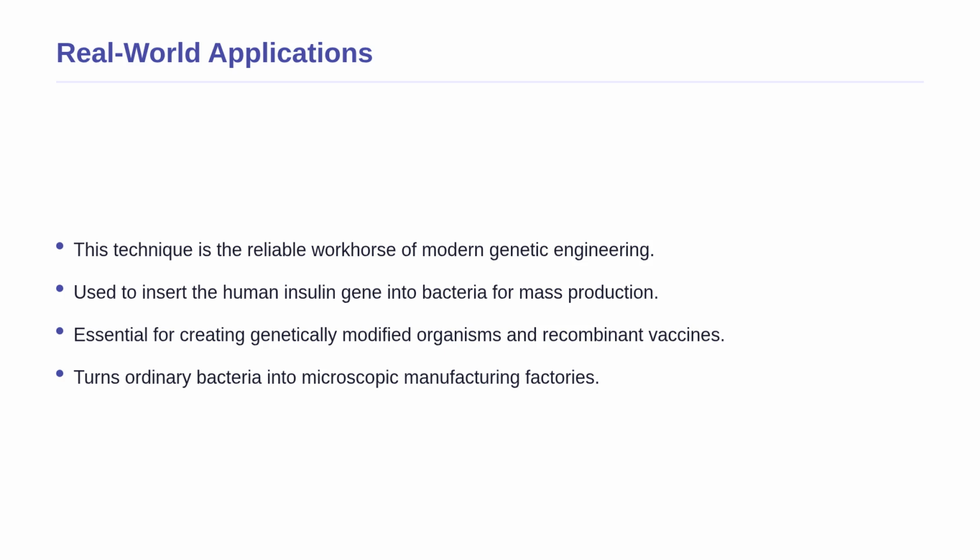For example, scientists use this exact technique to insert the human insulin gene into bacterial cells. This allows us to mass-produce life-saving insulin for diabetic patients globally. It is also absolutely essential for developing new recombinant vaccines and creating specialized enzymes for industrial use. We are literally rewriting biological software.